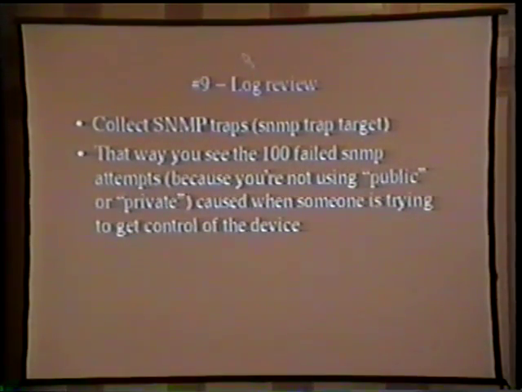Remember, if you're not using public and private anymore for SNMP, somebody trying to brute force the SNMP community string would have to be doing it multiple times. And so when you have 100 events show up in your log file, if you're monitoring that, you're going to see, hey, somebody's trying to bust into my equipment here.